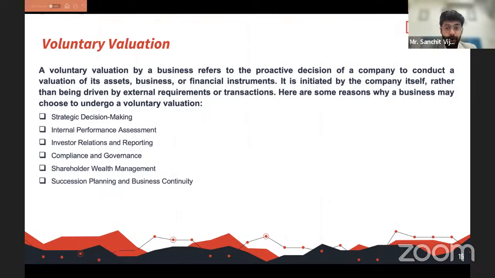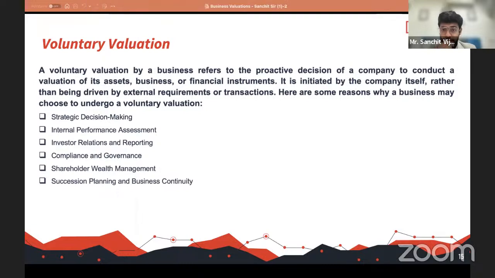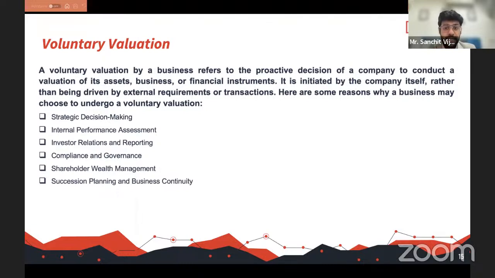The fifth point is shareholders' wealth management. In cases where a company has multiple shareholders or shareholders with different interests, a voluntary valuation can help manage their wealth. The last is succession planning and business continuity.